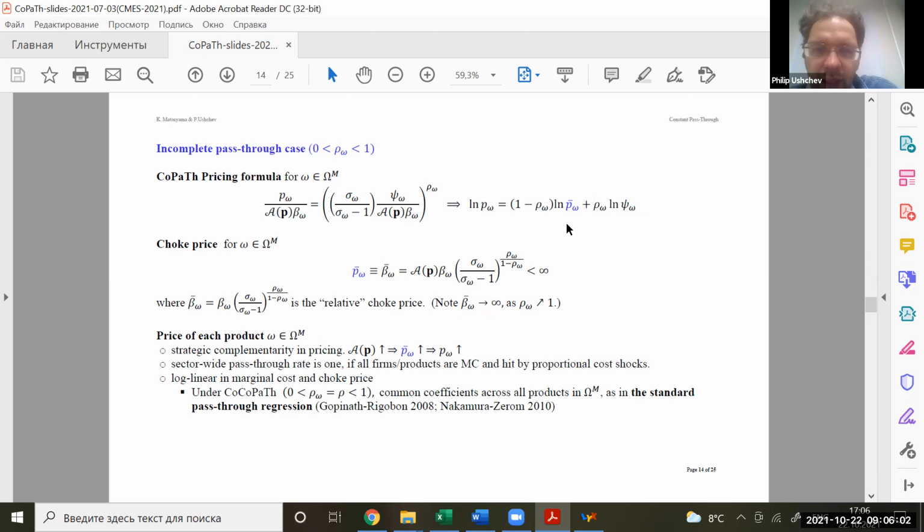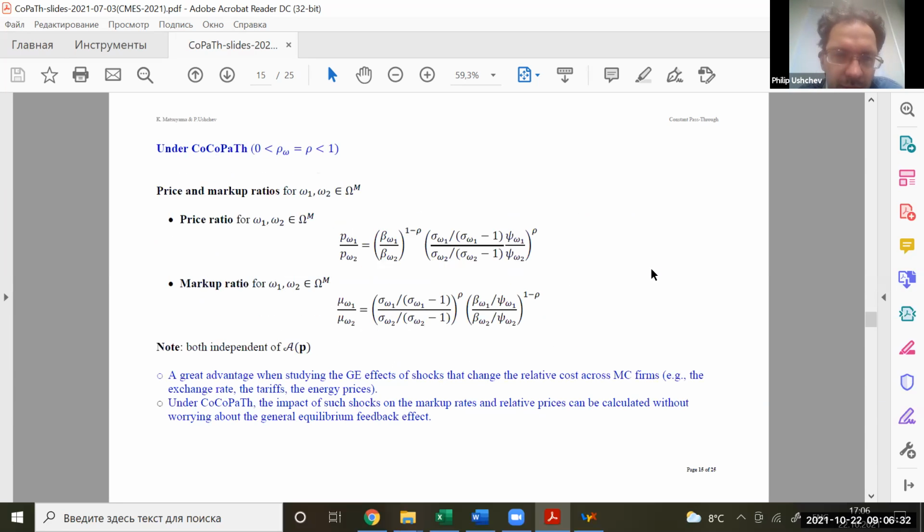But the difference here is that we have an understanding of where other variation in prices, not related directly to the firm-level pass-through rate, could come from. It could come from quality shifters or some other sources of heterogeneity.